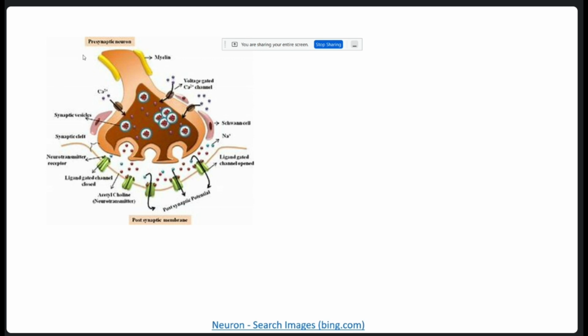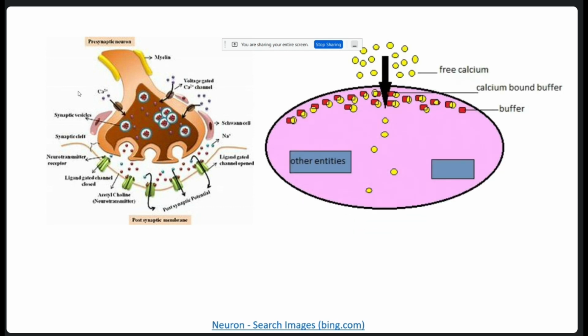If free calcium ion moves inside the cell and the concentration rises higher and higher, it becomes toxic for the neuron cell. At the same time, it is required to balance the free calcium ion for the movement of the neurotransmitter and the whole function. So our important parameter that is required to measure is free calcium ion.